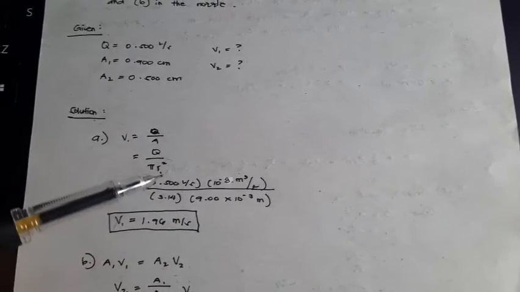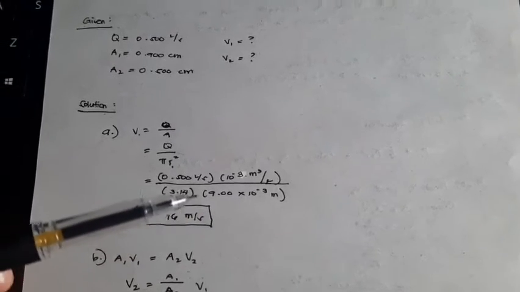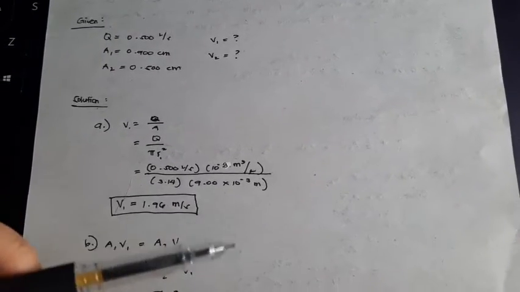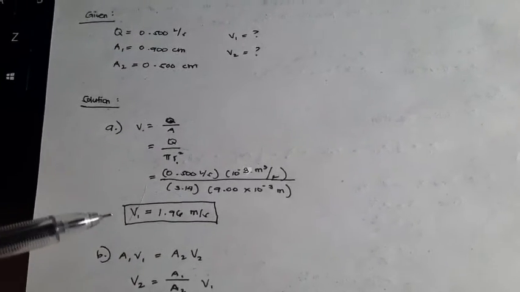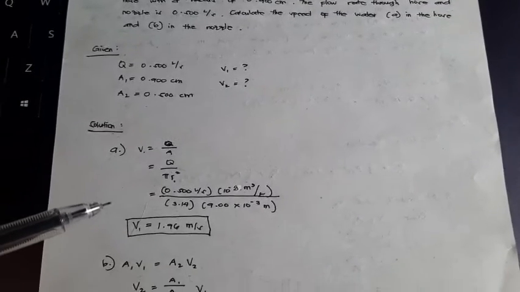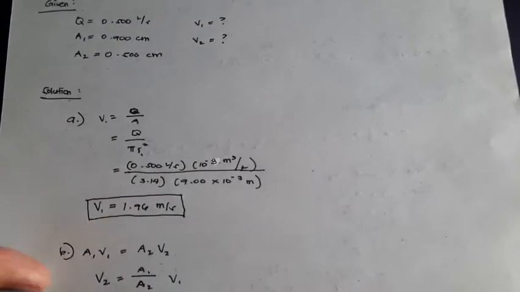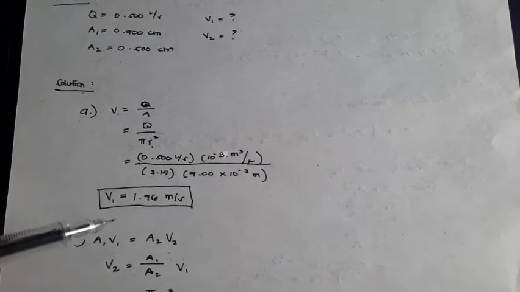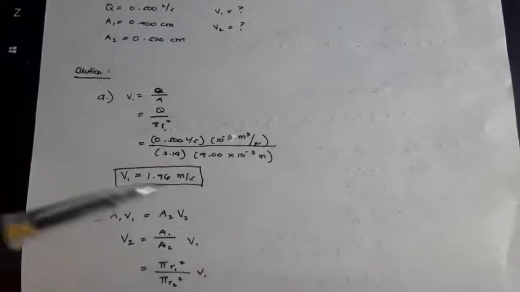So therefore ang atong speed of the water in the hose, in which the V1, is equal to 1.96 meter per second.